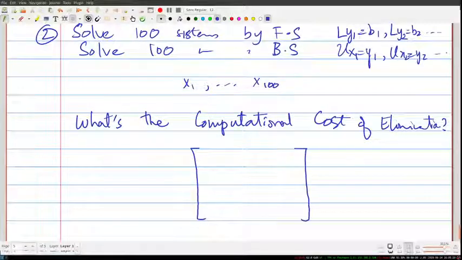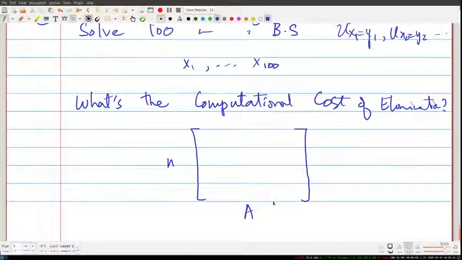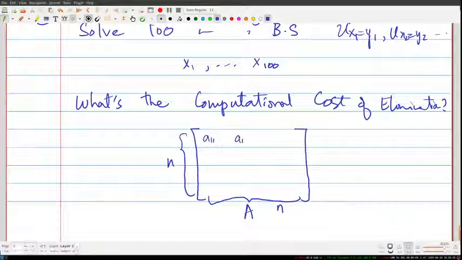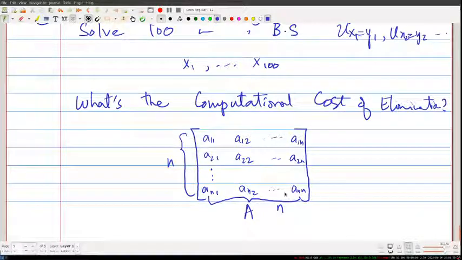Let's say I have this A matrix which has n rows and n columns, with entries a11, a12, up until a1n, a21, a22, a2n, ... an1, an2, ann.